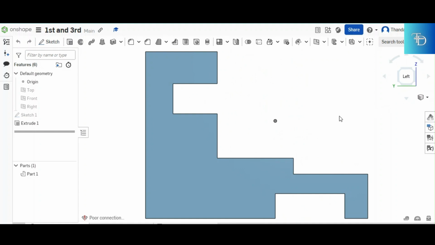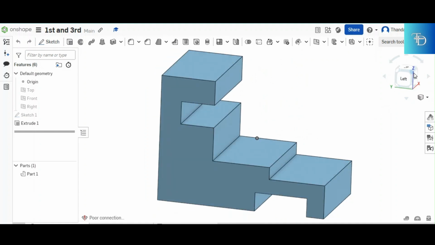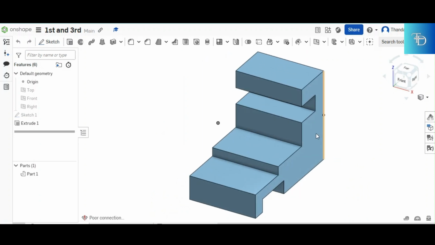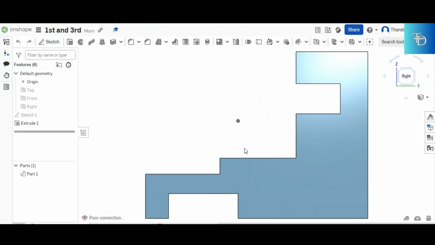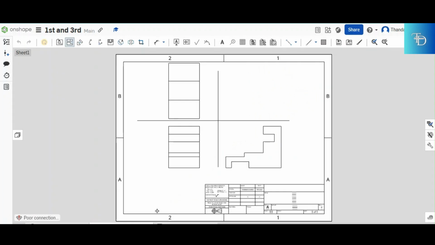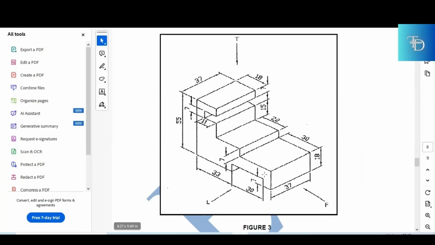The left view is pointing that way. And then the right view is pointing the opposite way right there. That is why you see it on the side view of the front like that. This is how you differentiate between a first angle and a third angle orthographic projection.